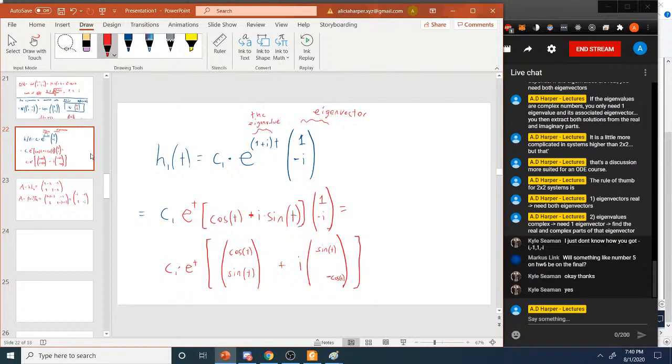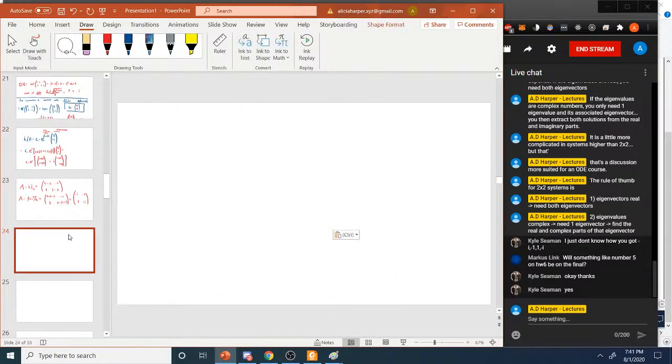And now what I'm doing is I'm splitting this function into the real and complex parts. So this right here is really the same thing. Here, I'll take it to another slide to be as clear as possible about it.